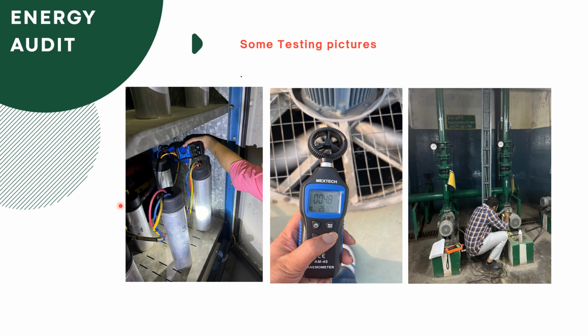And here again you can see some other pictures. This is a clamp meter used to check the current of a capacitor bank. This is an anemometer checking the wind speed of the cooling tower, and this is an ultrasonic flow tester by which the pump flow is being tested at site. So these are the pumps, and the flow of water in this pipe is being checked using this ultrasonic flow tester.